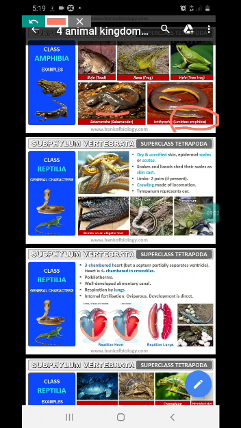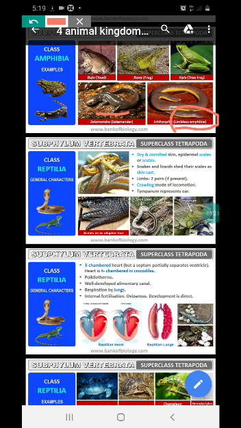But these reptiles are the organisms which have completely adapted to live on land conditions. That is, they are exposed to the sun's heat throughout the day, so they have developed their features accordingly.